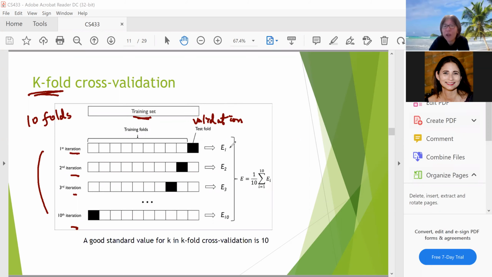Then you repeat, because if you hold out, you just pick this one, so that may have some bias. But this time, across your whole training data set, you are going to have validation, and every sample is going to be used both as training and validation, so that we can avoid the bias.